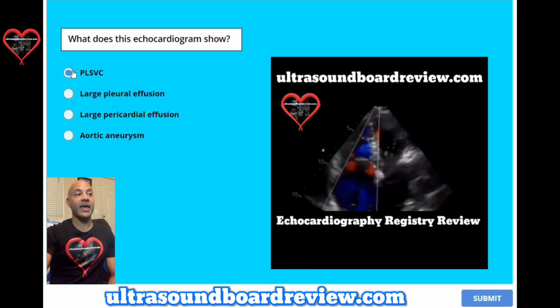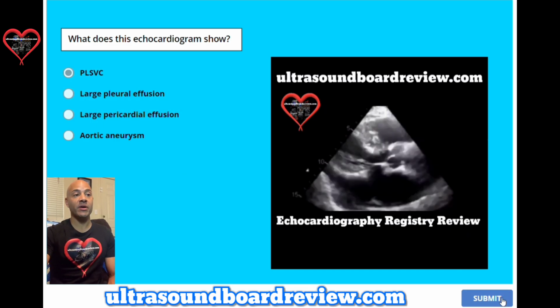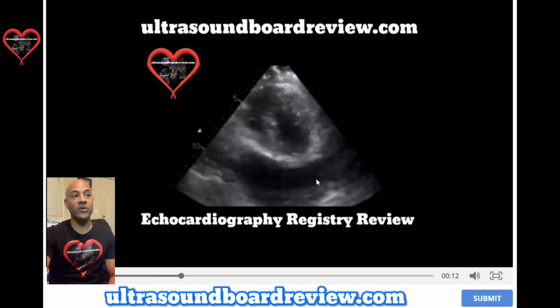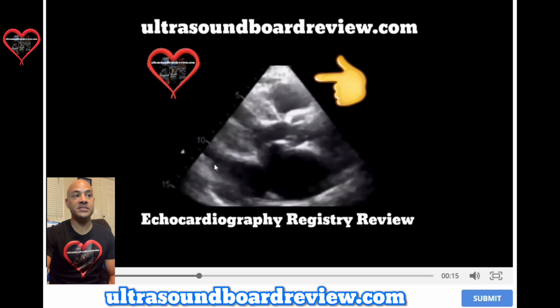The answer is A, persistent left superior vena cava. This dark area represents a dilated coronary sinus, and there is a pericardial effusion, but it's probably more small than large.